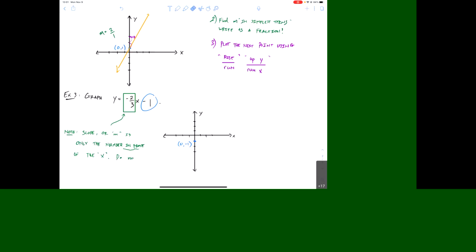Do not include x in your slope-related knowledge. There you go.